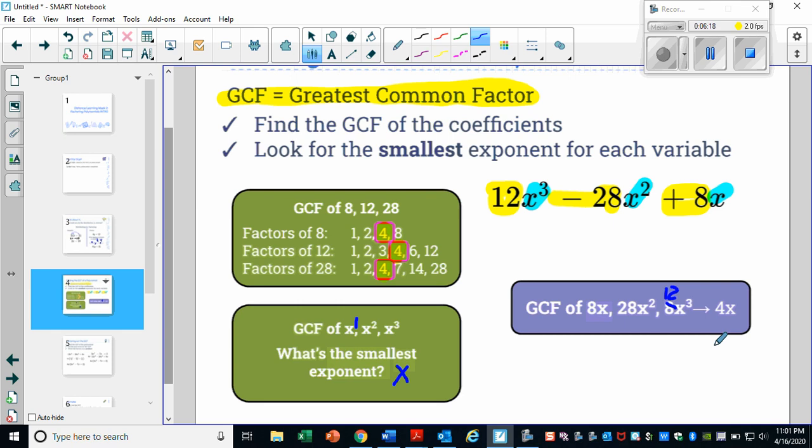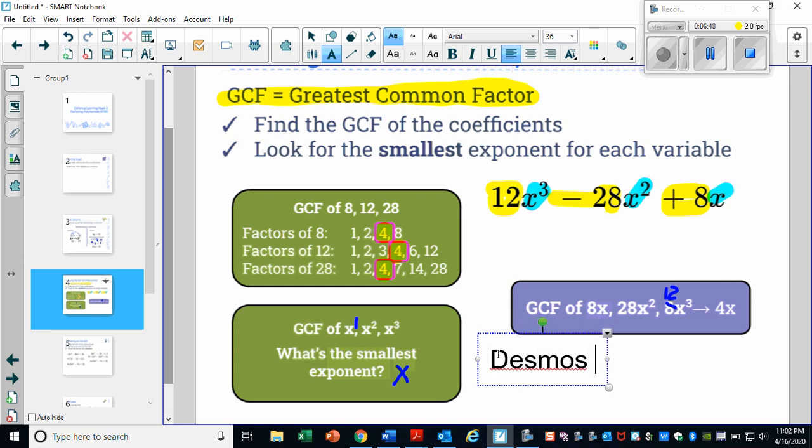Now there's another way you could determine the GCF of your coefficients. You can use Desmos. Actually, let me type it in. That might be easier. Here's a little Desmos hint for you guys.